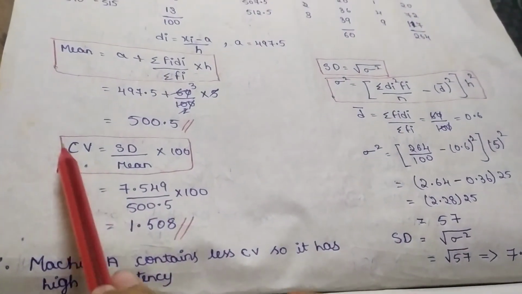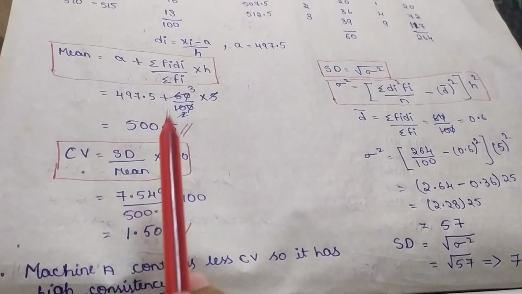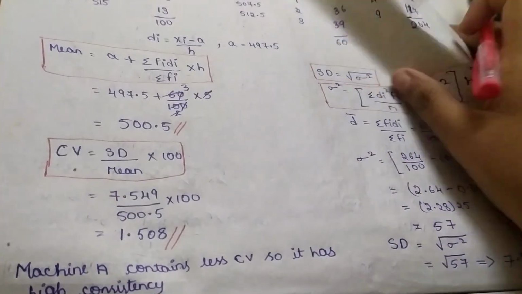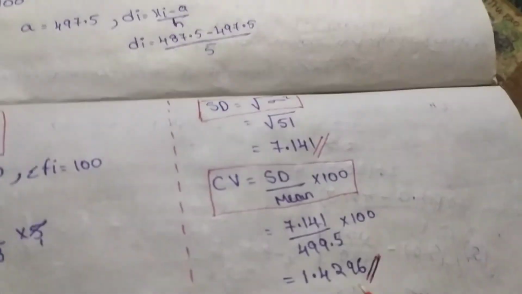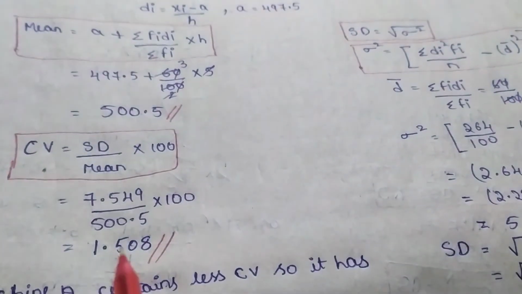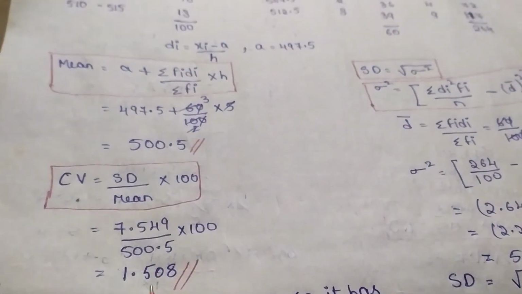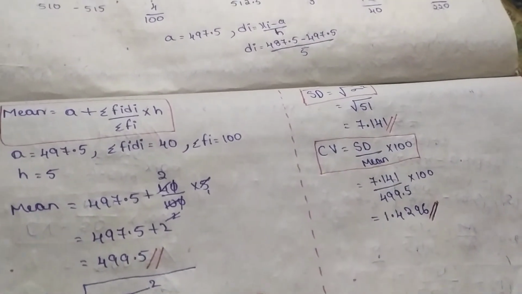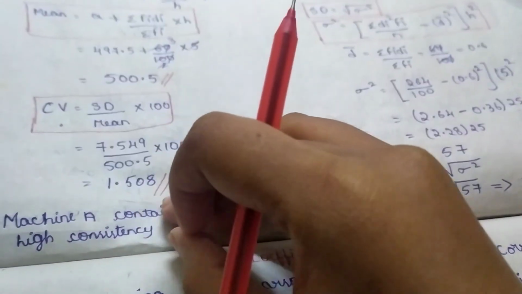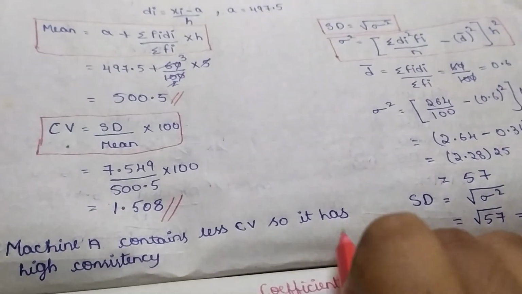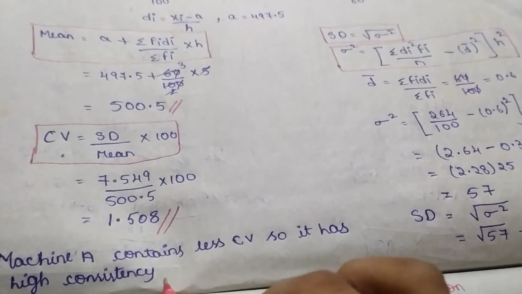After calculating CV for machine A and machine B, we have to compare the answers. Here we got the CV 1.4 and here we got the CV 1.5. Which is the least one? Machine A is the least one and machine B is the highest one. So machine A contains less CV, so it has the highest consistency.